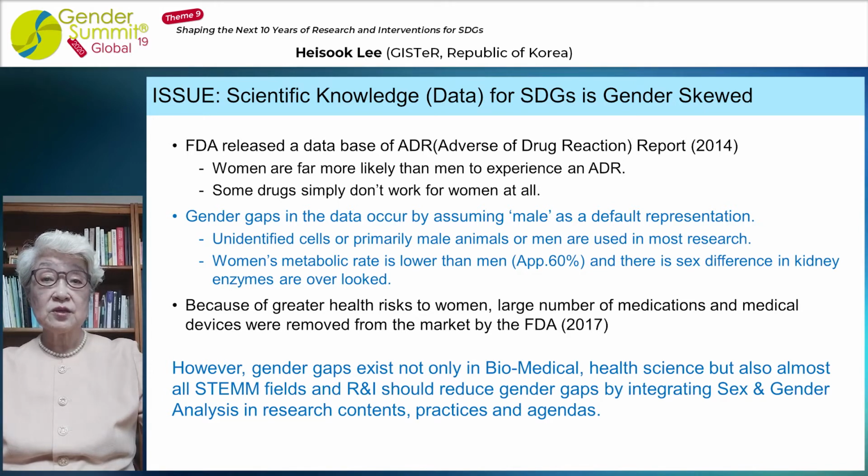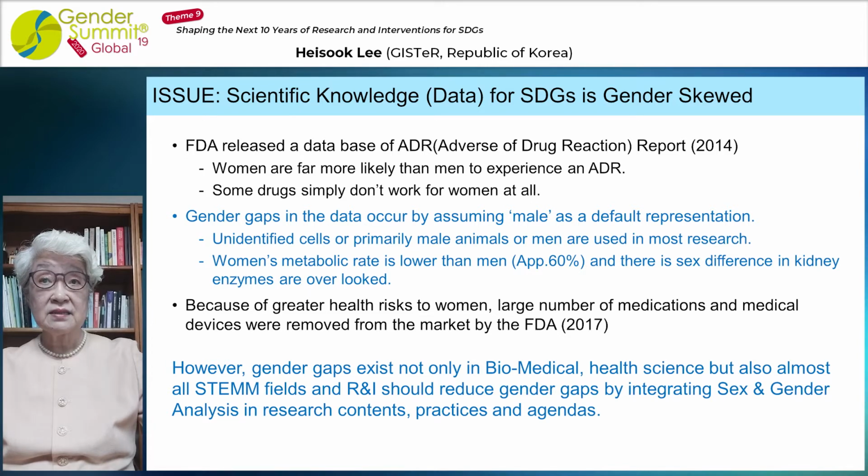These gender gaps occur by assuming male as a default representation. For example, unidentified cells were primarily from male animals or men used in research. Also, women's metabolic rate is lower than men's, and sex differences in kidney enzymes are overlooked.